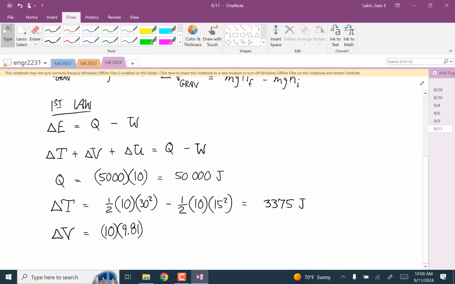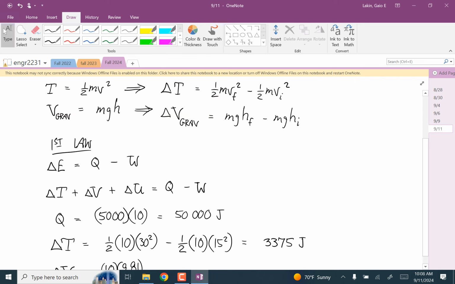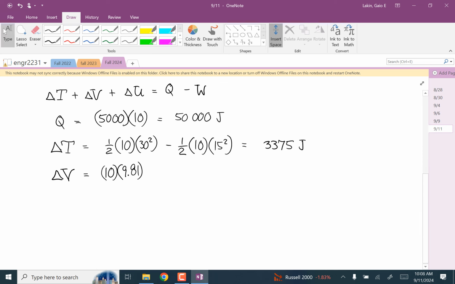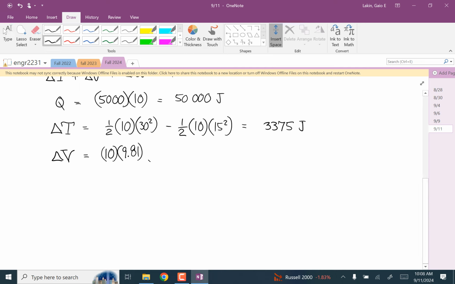You could make some up, or you could write, notice that you can write this as mg times h final minus h initial. H final minus h initial is negative 50. Is that what it said? 50 meters? And so that is 500. So I think that is negative 4905.